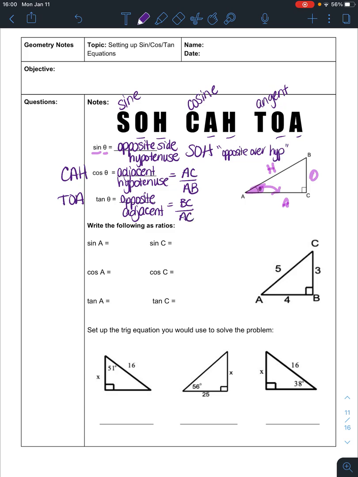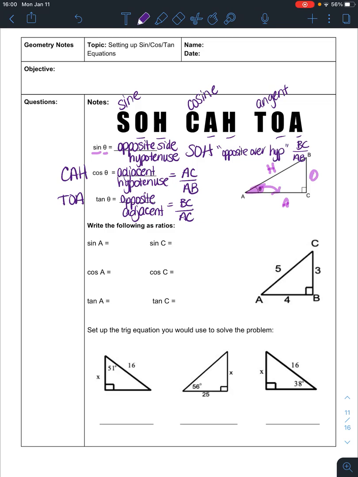I didn't do sine up here, but sine would be opposite, which would be BC over the hypotenuse, which is AB, opposite over hypotenuse. So SOH, CAH, TOA, again, is how you can tell not just which sides go with which function, but in what order you write the equation.